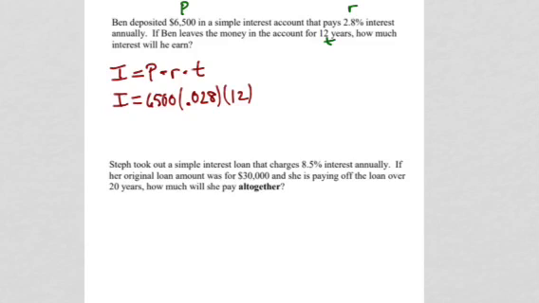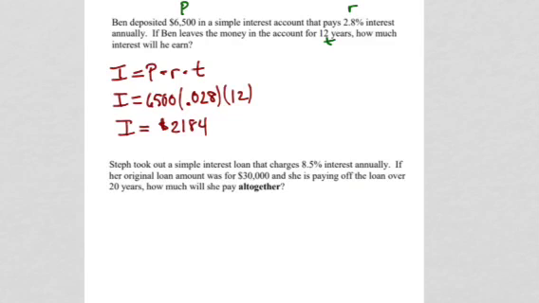And I end up with an interest of $2,184. So again, that's just a simple bank account. Bank accounts don't quite pay that much interest. They pay a little lower than that, but again, it's pretty basic how it works. You just leave your money in the bank and they pay you for it.